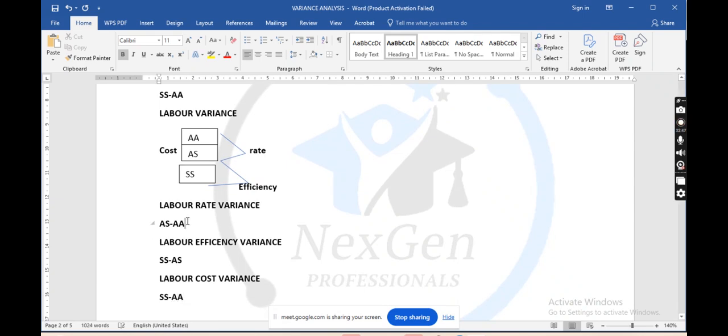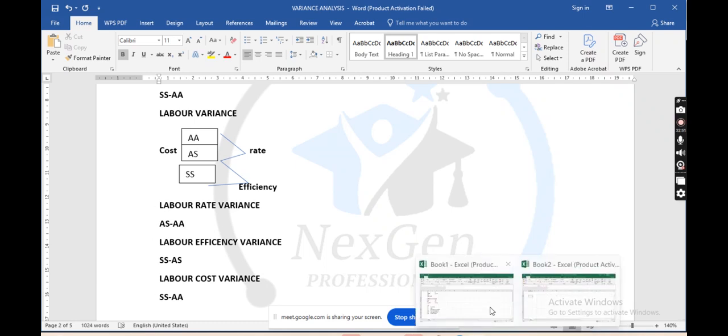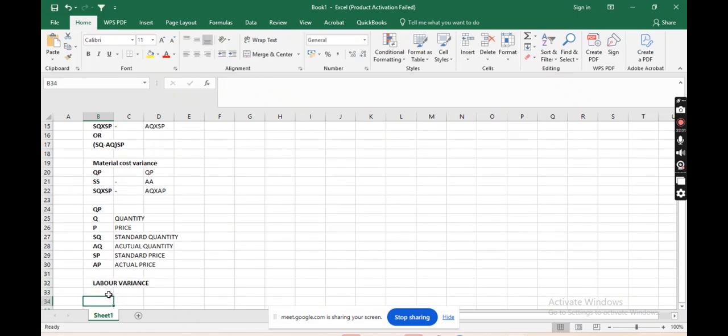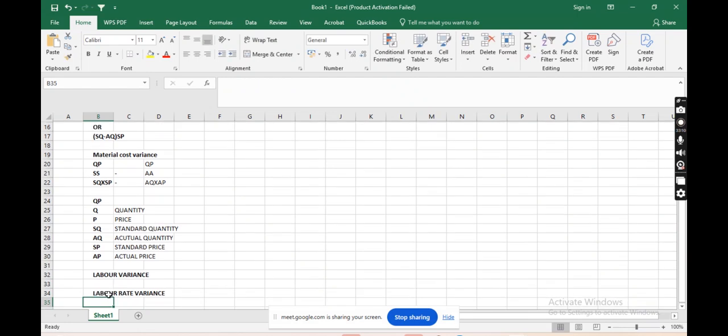Class, now we move to Excel, right? Now, what are we going to use to raise it to power? Now, labor variance. If I want to do this, I'm starting from which variance? Labor rate variance, right?